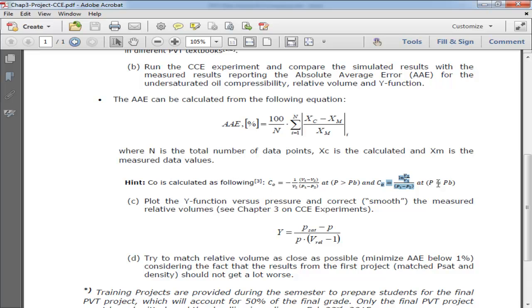Actually, I don't have the book with me now, but maybe next time I will show you this plot. I think here it is relative volume; I have to review this again to make sure.